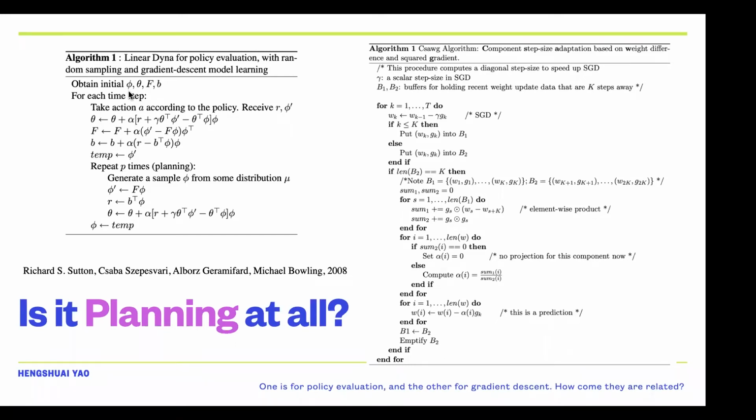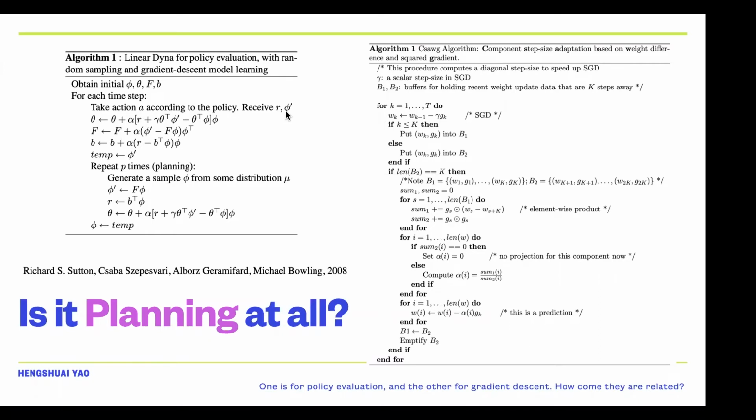At each time step, we observe the current feature vector phi, and we take action A according to the policy, from which we receive reward and the next feature vector phi prime. Based on this transition experience, we can define the TD error and TD update and perform TD learning. In this case, it's TD(0).